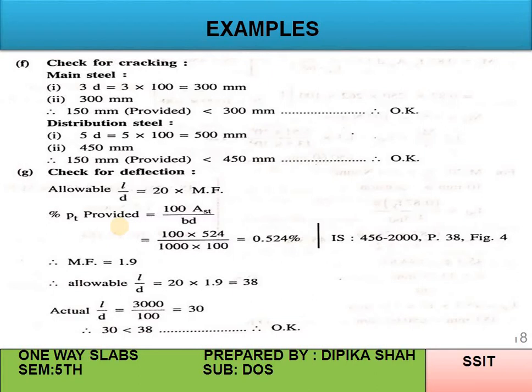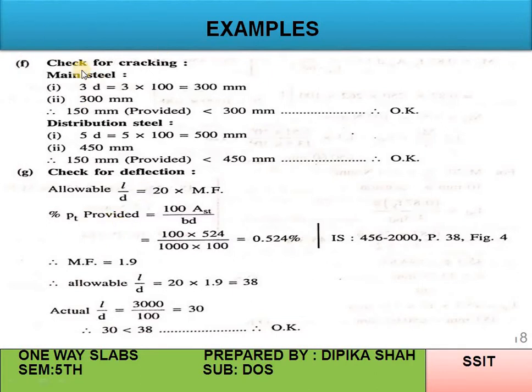So for a check for cracking for a main steel, there are two criteria. It should be 3D or 300 mm. So this should be less than the value of both, right?